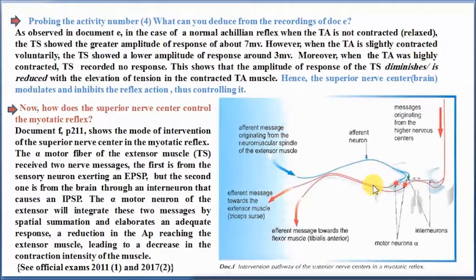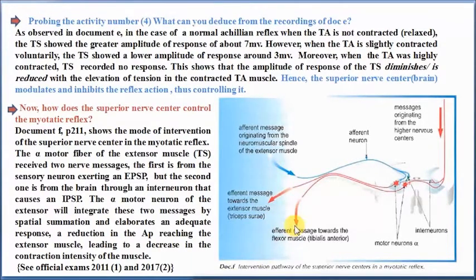So in this case, due to the intervention of the brain, this motor neuron is going to have the EPSP and the IPSP, but the EPSP is slightly higher, so it would generate action potential of lower frequency than in the first case, which are going to reach the extensor muscle and provoke a weak contraction of the triceps surae, the extensor muscle.